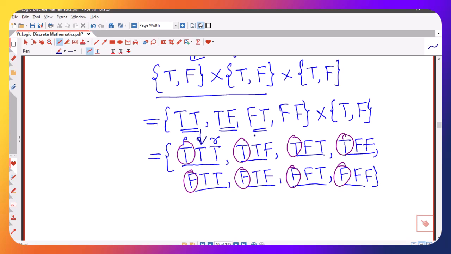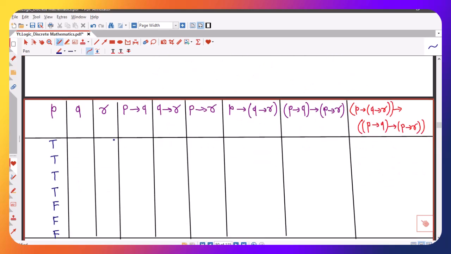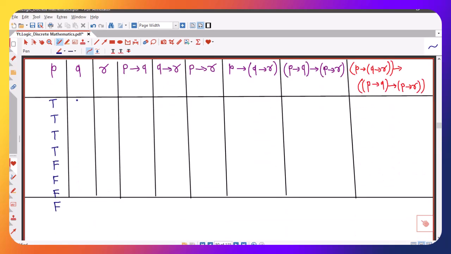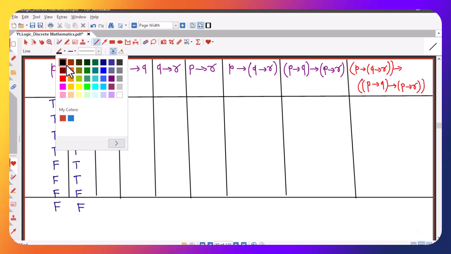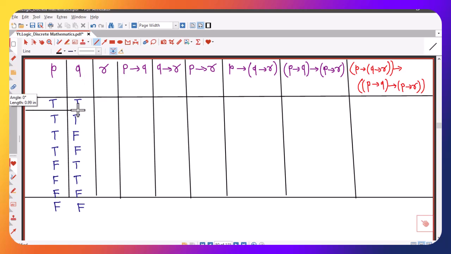Here I have T, T, then F, F, then again T, T and F, F. So this will repeat for the last 4 rows also. So now I write the possible truth values of Q, that is T, T, F, F, then T, T, F, F, and here we can draw rows also so that it will look nice.